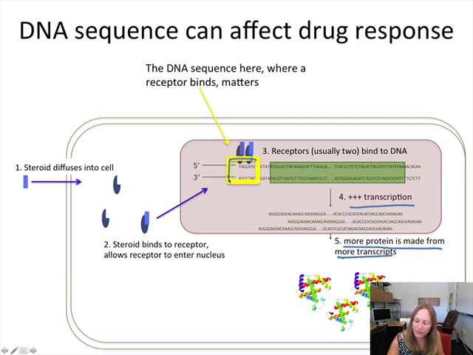But the sequence that's right here, where these two receptors bind, is really, really important. You can imagine that if this receptor needs to bind to a TAG in order to stick, if I have a CAG here instead, then that receptor doesn't bind as well or as often or stay as long, and so I don't get as much of this increased transcription.